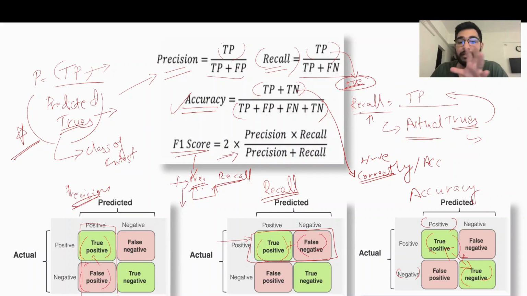So since these two cannot go hand in hand, we have a separate score, which is essentially an averaged-out score of both precision and recall, to give you a sense of whether both of these metrics are performing up to the mark or not. That is what is meant by F1 score in an easy, understandable way.